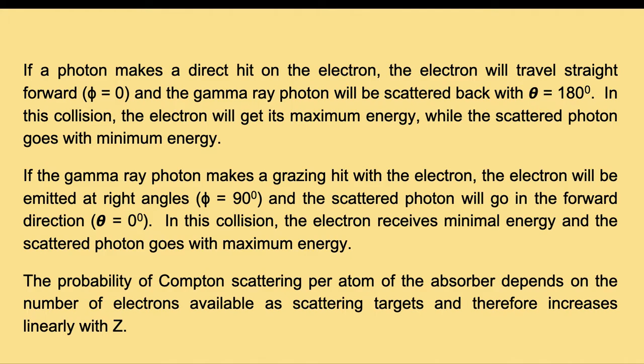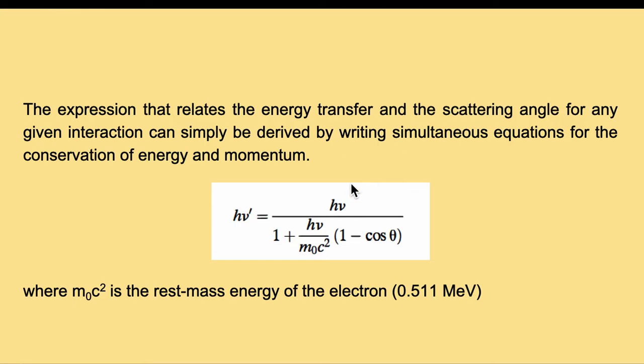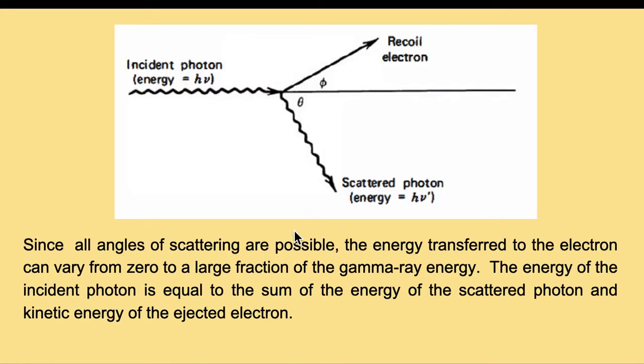The probability of Compton scattering, and I think we have mentioned 90 degrees here. It is normally said that the maximum energy transfer you are observing is at 90 degrees, this is the general way we have mentioned it, and I am not explaining such things here.